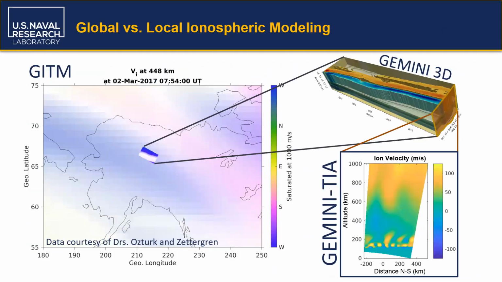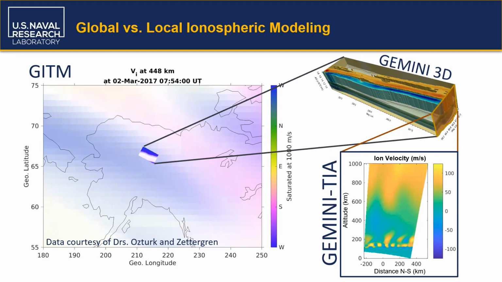So there are many different options for physics-based ionospheric models. For example, we have GITM, the Global Ionosphere-Thermosphere Model, which is great for looking at the whole Earth. That is an image of GITM's output over Alaska, our perpendicular ion velocities. We also have Gemini 3D.